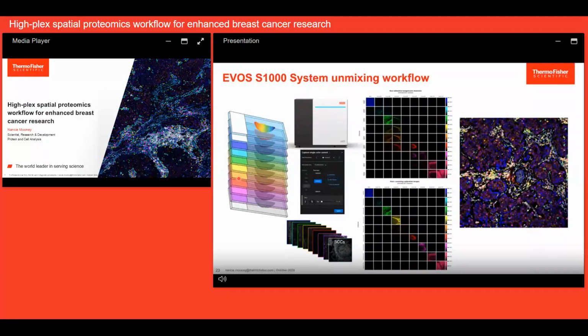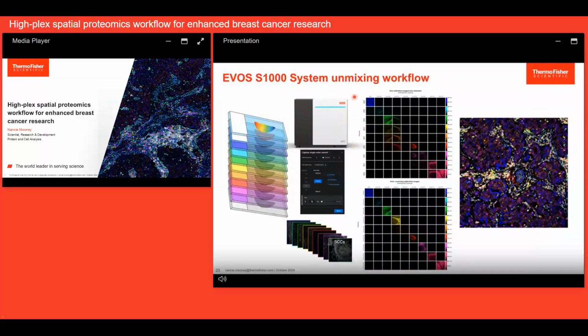Once I had all of those slides, I went to the S1000 system. First, I put in my multiplex to set my exposures to give me a ground truth of what fluorescent intensity I was expecting. I then went through the unmixing matrix setup workflow. What happens is you put in each set of the single color controls and take a set of images.